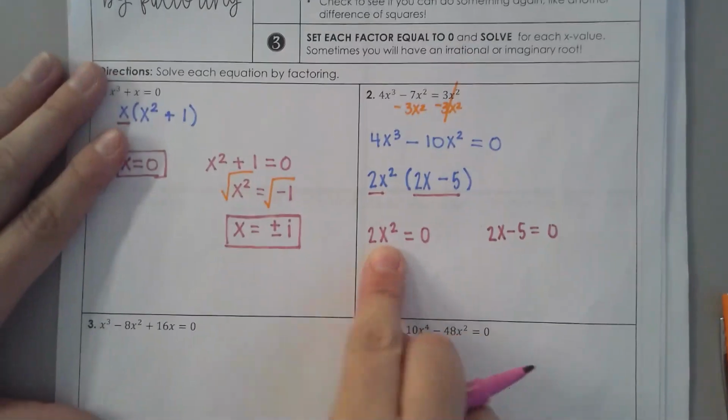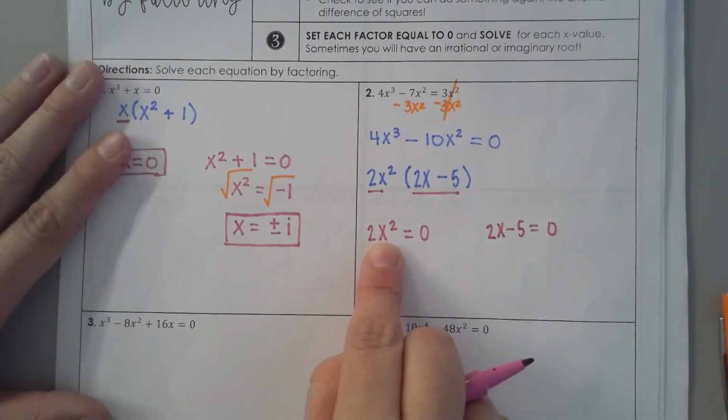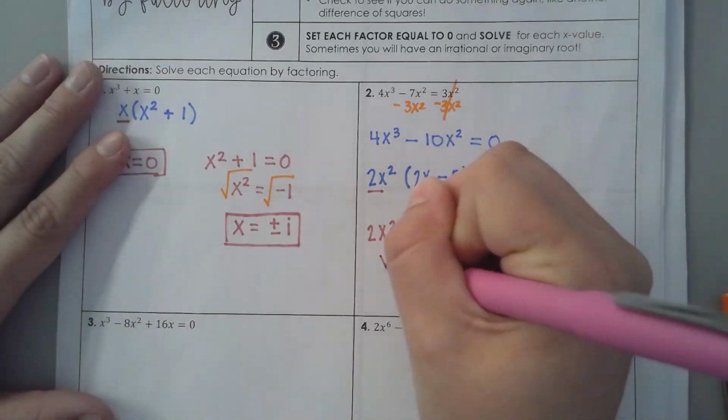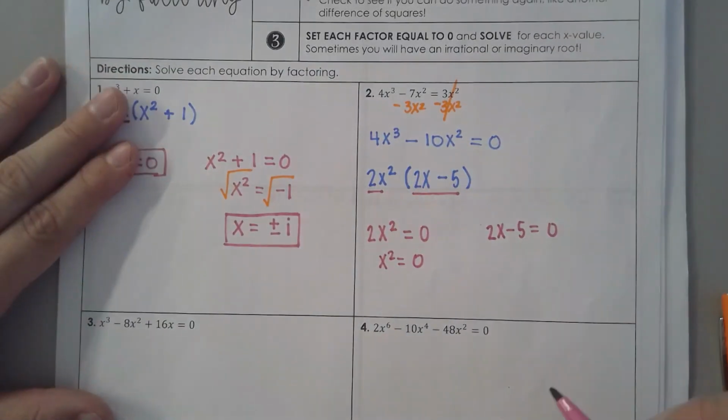And this first one, what do I get if I divide by 2? 0. What do I get if I take the square root? 0.